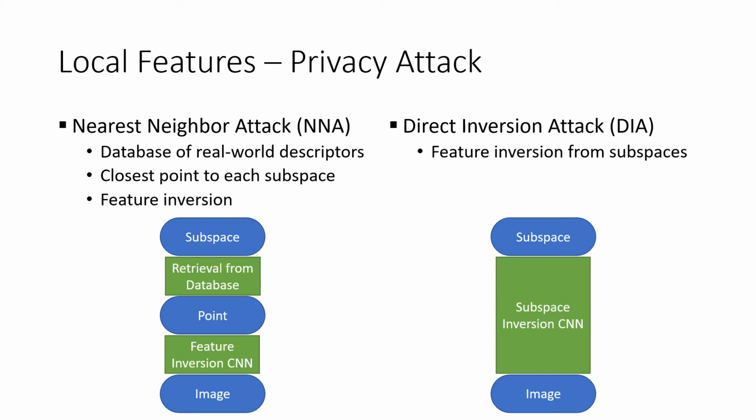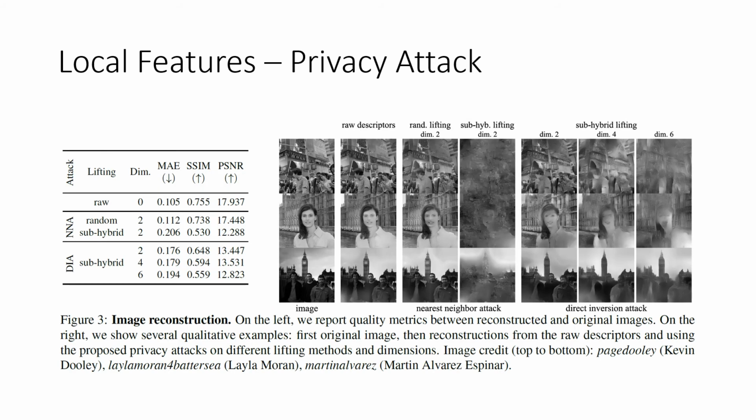Second, we consider a direct inversion attack where the affine subspaces are provided as input to a retrained feature inversion CNN. Note that the architectures proposed in previous works are very compute and memory intensive. Training them on higher dimensional subspaces would be a challenge in itself. Using the raw descriptors, one can reconstruct the original image with very high fidelity.